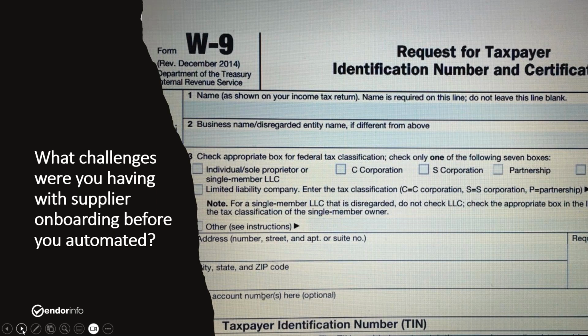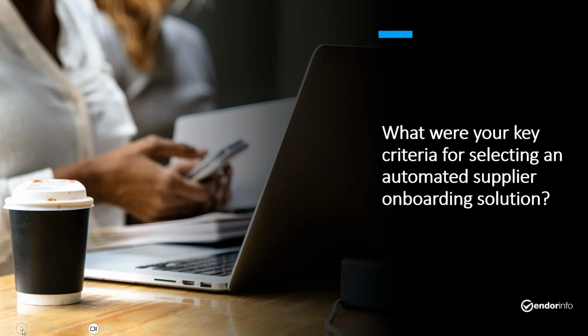We need to know that the vendors received it and that they've read it, and we need a way to track that for compliance. And with the paper vendor packet, that wasn't happening. Our vendor acknowledgement was supplied to them, but the code of conduct wasn't. And then there was also where we have to send that out at least once a year to all of our vendors.